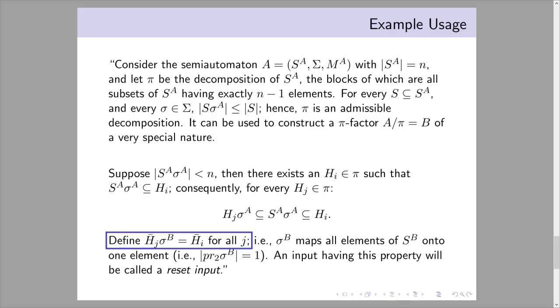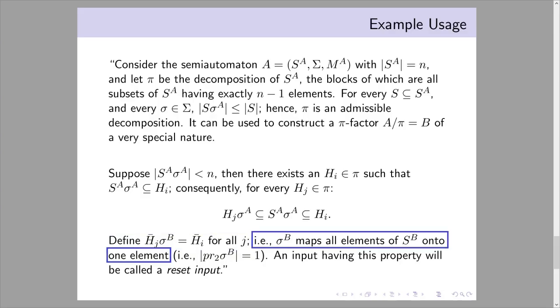It looks a lot like h_j, which is a set of states, but h-bar_j is actually just going to be a single state of our automaton B. And we're going to define the state. So if we start off in state h-bar_j and we read a sigma in automaton B, we're going to wind up in state h-bar_i, regardless of which h-bar_j we started off in.